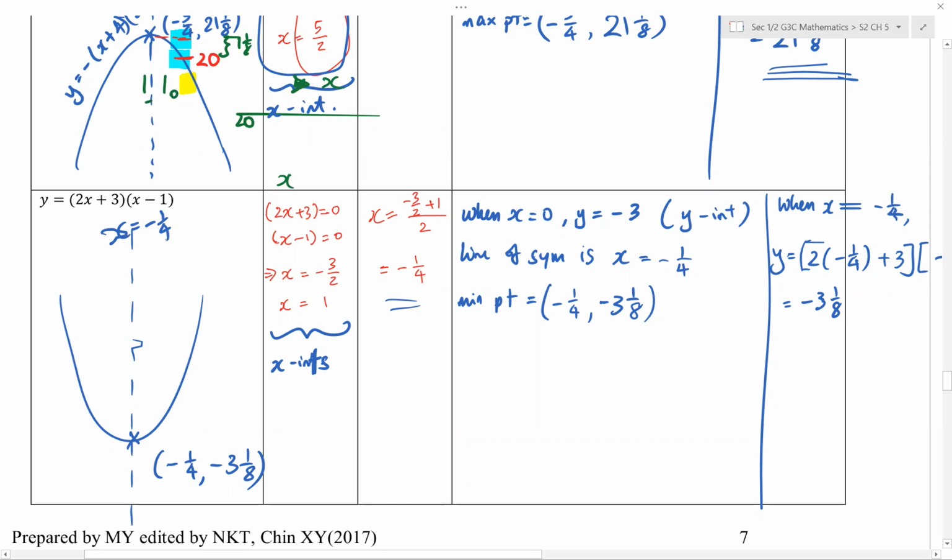And now I like to draw my y-axis next. I need to decide, is the y-axis going to be on the left-hand side of the line of symmetry or on the right-hand side of the line of symmetry? Anyway, you only have 2 options. You choose one, you check, wrong, must be the other one already.